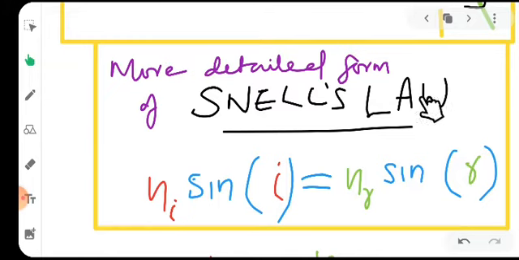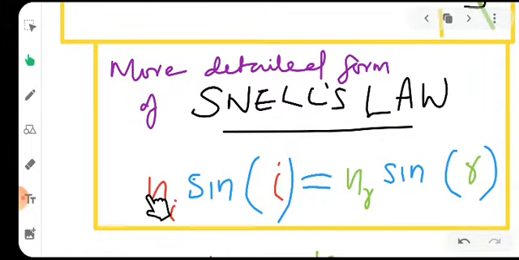Snell's law in its more detailed form looks like this: the refractive index of the medium in which the incident ray is, times sine of the angle of incidence, equals the refractive index of the refracting material times sine of the angle of refraction.